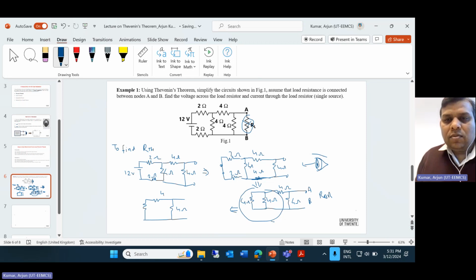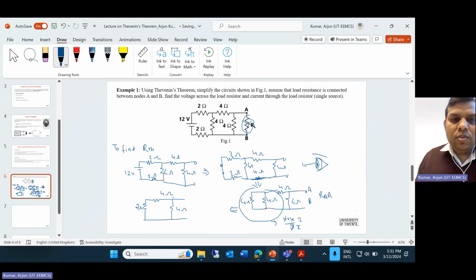So this value, this parallel combination, is 4 into 4 upon 8, right? So you can simply write it will be 2. Okay. So this will be your 2 ohm. This is your 4 ohm.